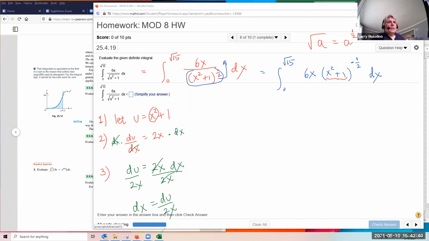All right, this is what I need now to do the u substitution. So you remember what you do is you now replace this x squared plus 1 with u. So that's going to be u to the negative 1/2. This 6x here, I'm just going to carry with me for a second because some of that's going to cancel out. And now this dx, I'm going to replace with du over 2x.